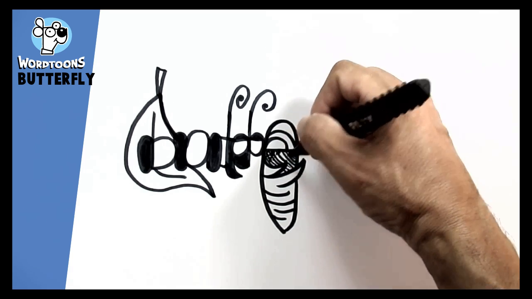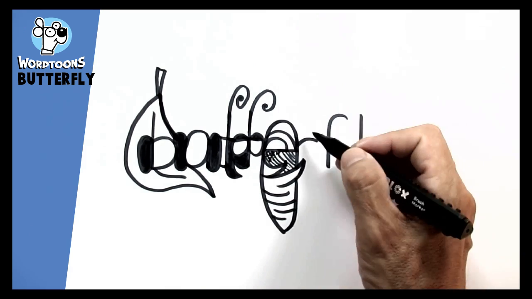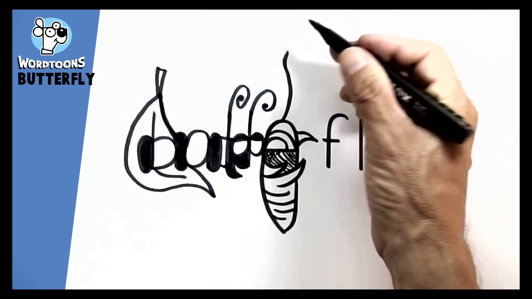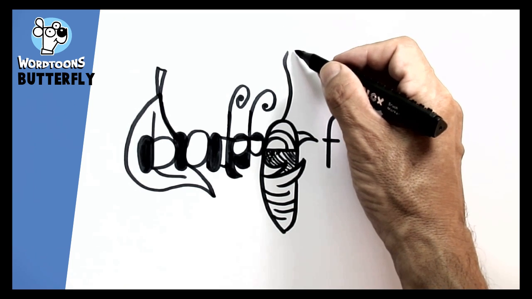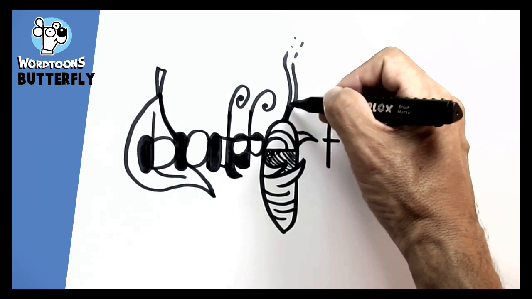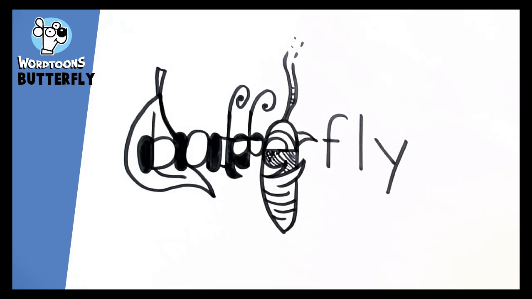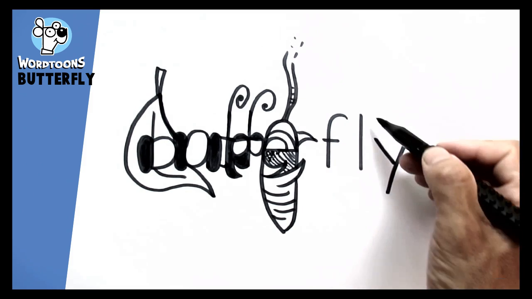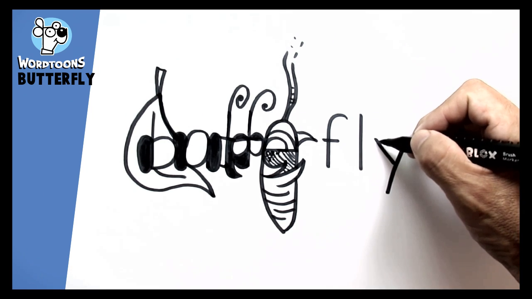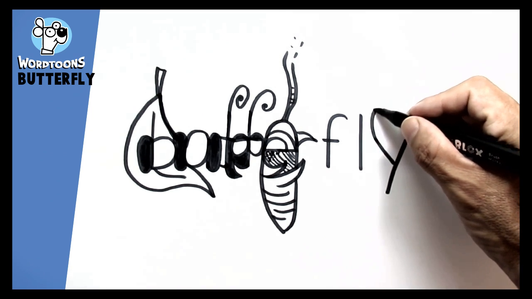All right, and a few dots just to add a little bit of texture. And it's another little bit of the leaf part that's been busted open. And then I guess it's the stalk part hanging down. There we go. All right, so caterpillar, cocoon, and then fly. Well, the flying part.